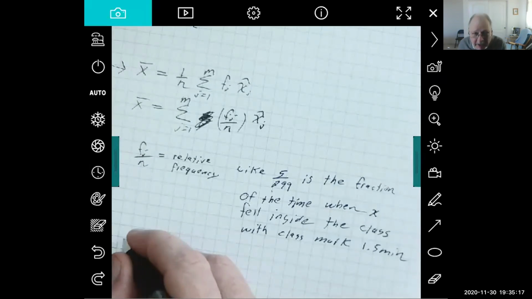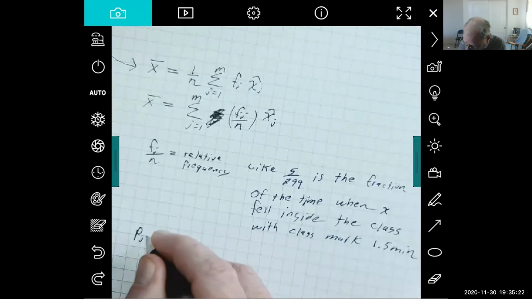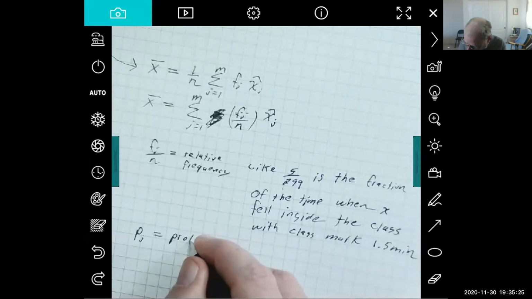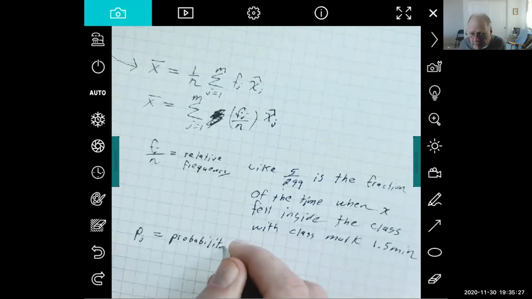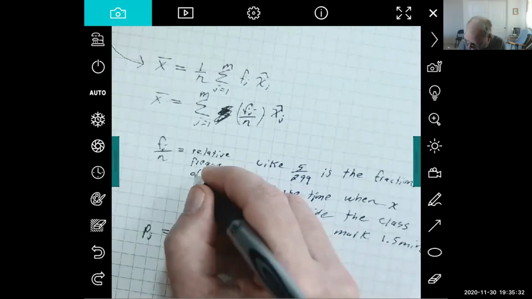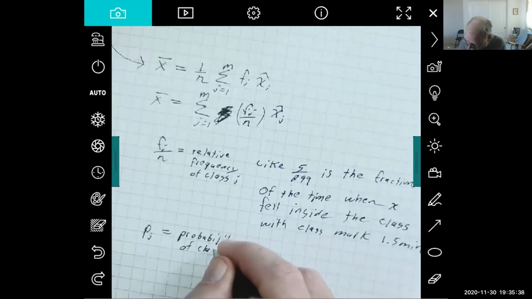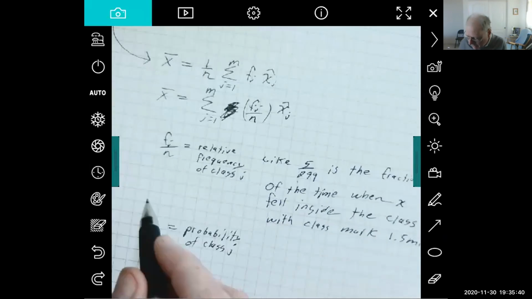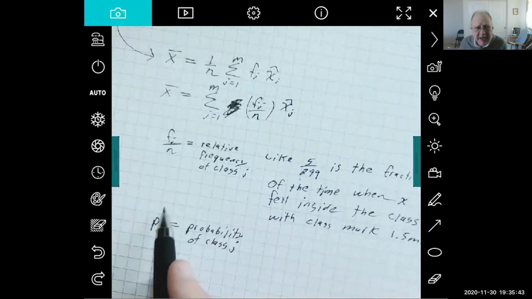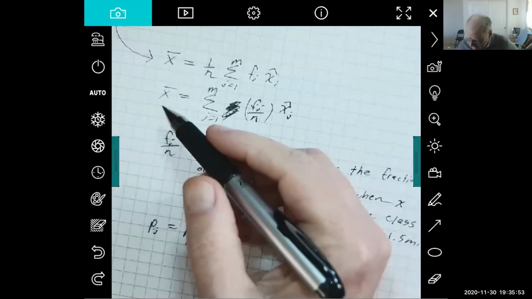And what we had before was the probability. So the Fj over n is just like the probability. What fraction of the time did you get a result in that class? What's the difference?